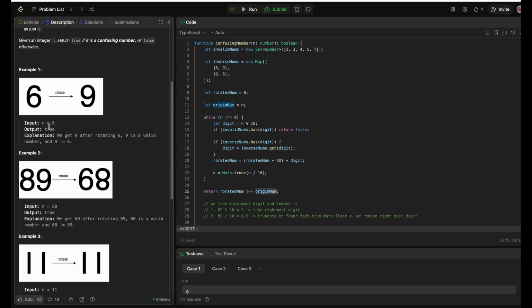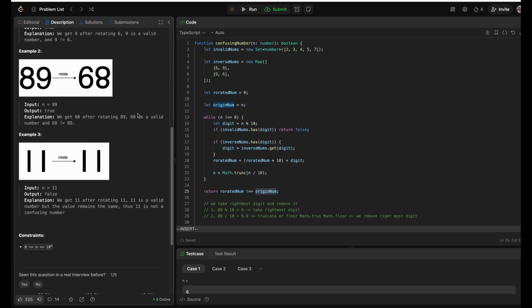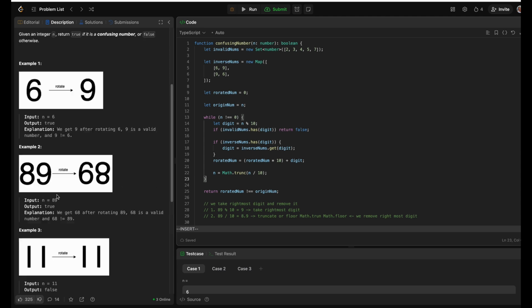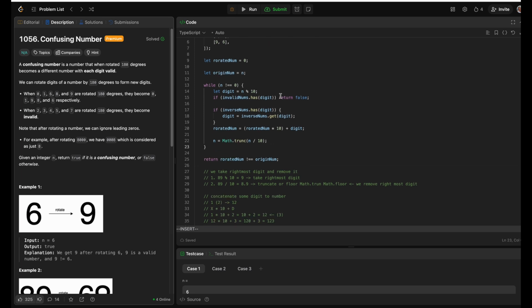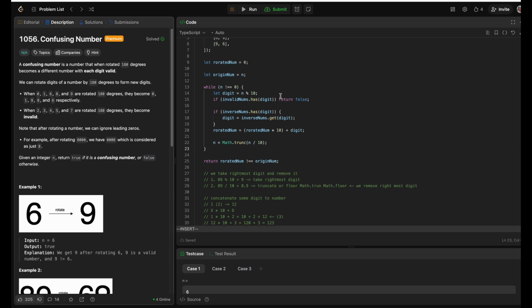It will work for 6 because we change 6 to 9, a different number, but it won't work with 11 because nothing changed. This will be equal. At the same time, we are handling the leading zero by default with the algorithm I demonstrated before, and that's it.